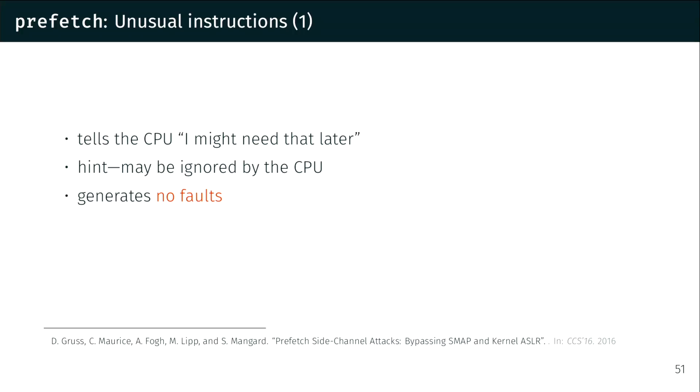And a nice, interesting thing is that it generates no faults. So whatever you pass to this instruction, your program won't crash. And it does not check any privileges. So I can also pass a kernel address to it, and it won't say, no, stop, you accessed an address that you are not allowed to access, so I crash. It just continues, which is nice.